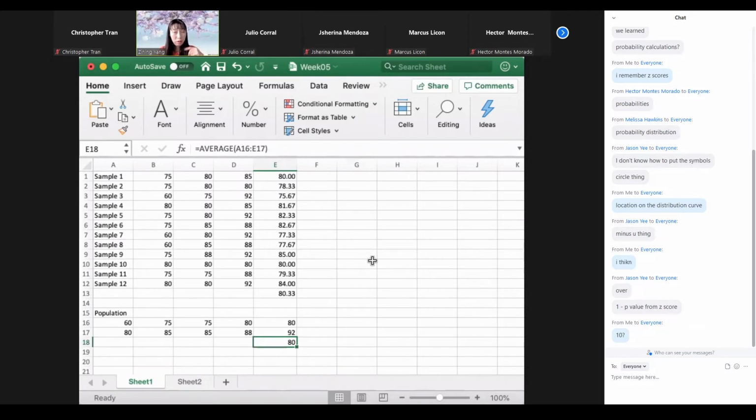So again, think about the logic. If we don't have population data, if we only look at a sample, it should be a good reflection of the actual situation of the students. But is it, right? I was asking, okay, we got 12 samples. Can we trust all 12 samples, or can we only trust some of those?